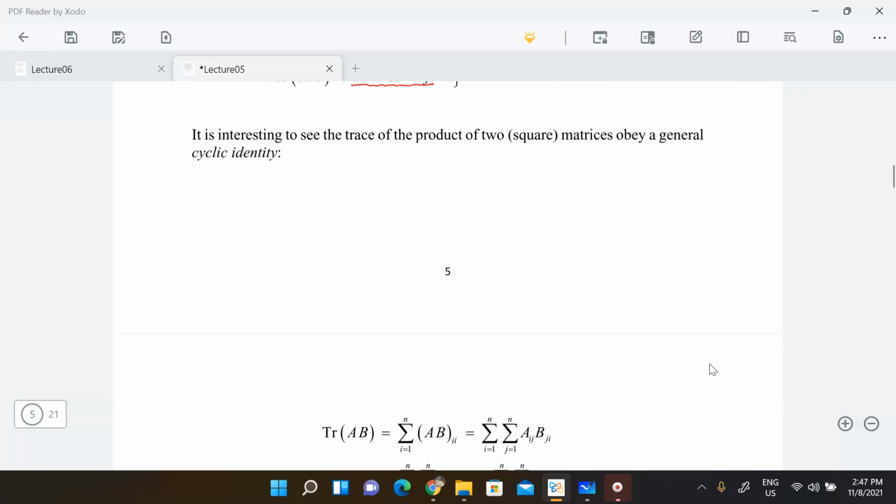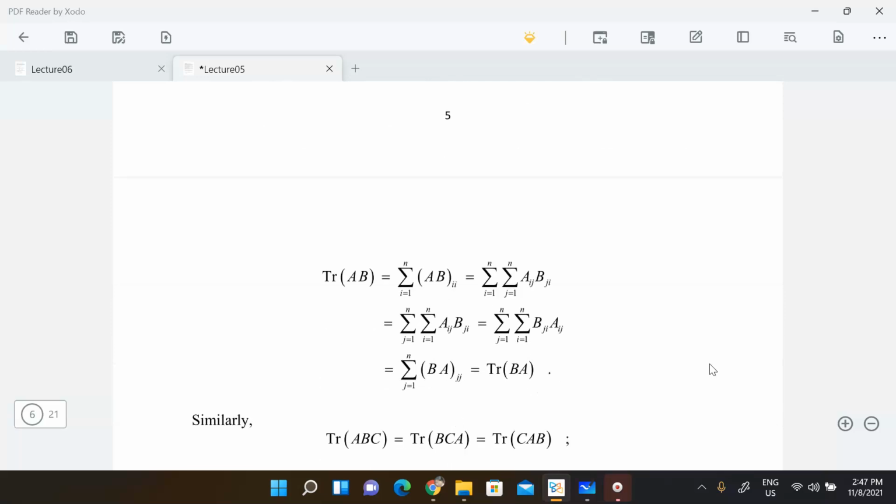So in general, you have something like this. Here I'm doing this in terms of the indices. I'm adding up diagonal elements i here, but how do you get the ith element from matrix A multiplied by matrix B?